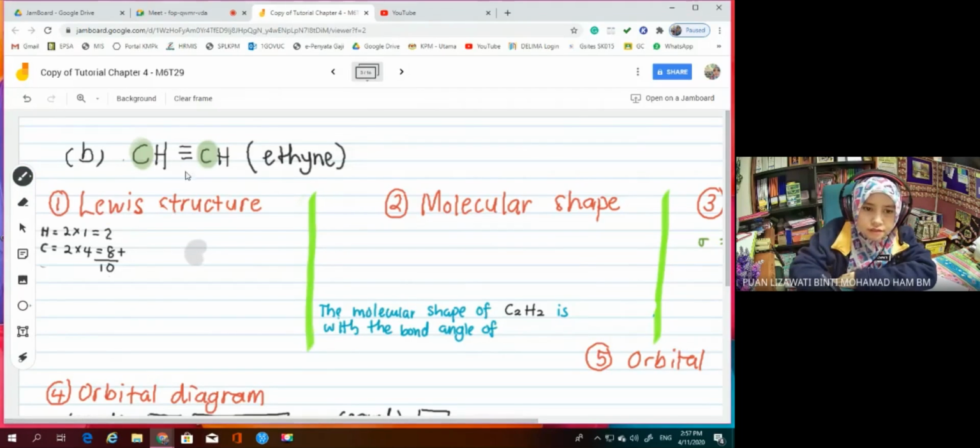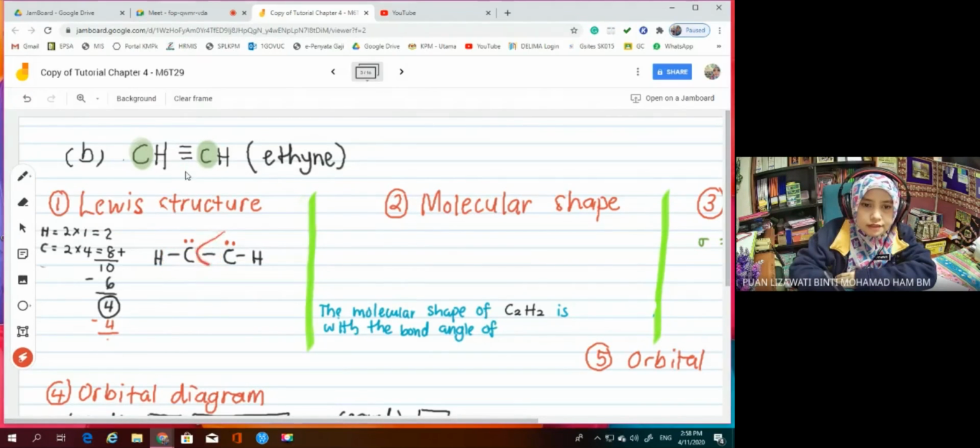Okay, so now we draw the center atom, and then draw the terminal. Actually, we already used 6 electrons here for the bonding electrons. We have another 4 balanced, and then you have to place them on the center. So we already used all the electrons. However, for the center atom, we can see that the carbon is not octet yet.